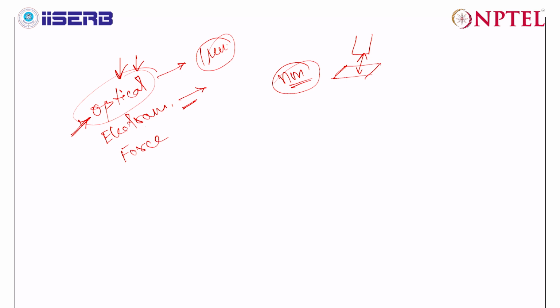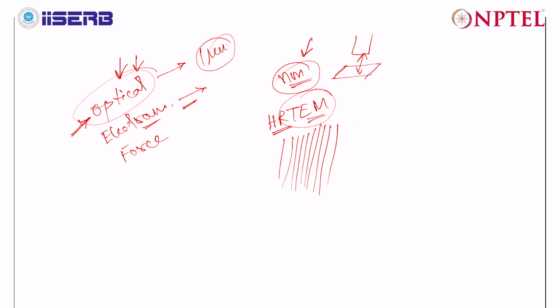However, in case of electron microscopy, we can image things in nanometers. For example, if you take transmission electron microscopy, we at times can also image different crystal planes. We call it HRTEM, that is high resolution TEM, and then you can figure out different crystal planes on a sample, where the length scale is of the order of say angstrom or so.